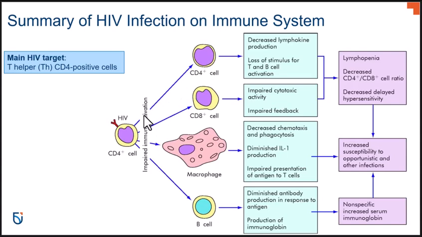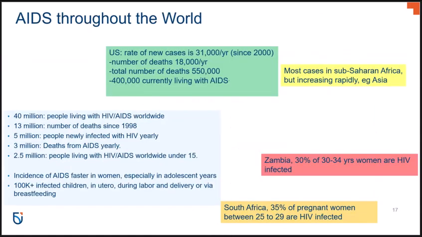So other CD4 helper T cells, the CD8 positive cytotoxic T cells, even impacting the production and function of macrophages, and the B cells. We spoke more specifically about the plasma cells. So you can see how a lot of our immune system is impacted with HIV, and if this gets out of control, then it could lead to a more generalized immune deficiency that we would see with AIDS.